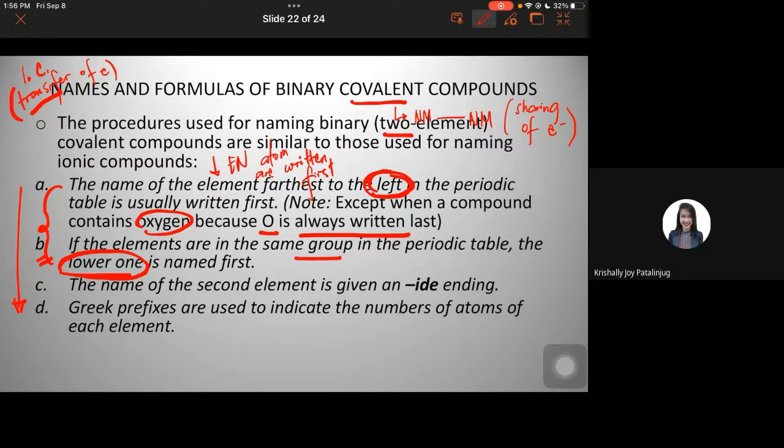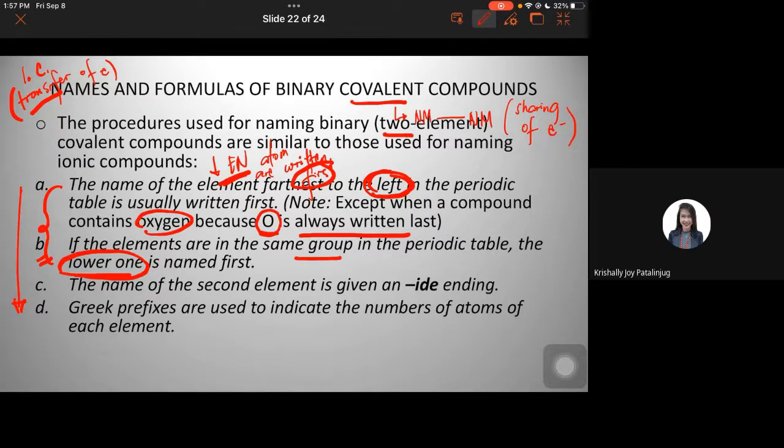Later on, when we draw the Lewis structure of these compounds, you will understand that the first element, with the least electronegativity, should be surrounded with electron-rich atoms, just like oxygen.